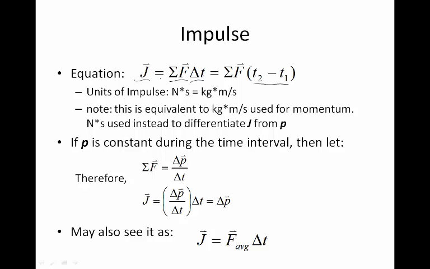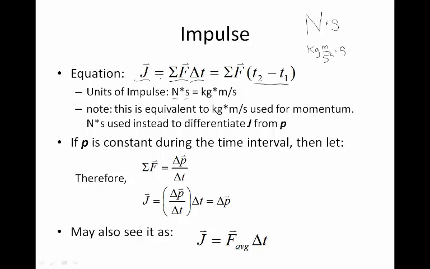Okay, so if we look at what the units would be for this, force has units of newtons, time has units of seconds. But if you break down what a newton is, it's a kilogram times meters per second squared, because remember, force is where we get this unit of newtons, and force is mass times acceleration.